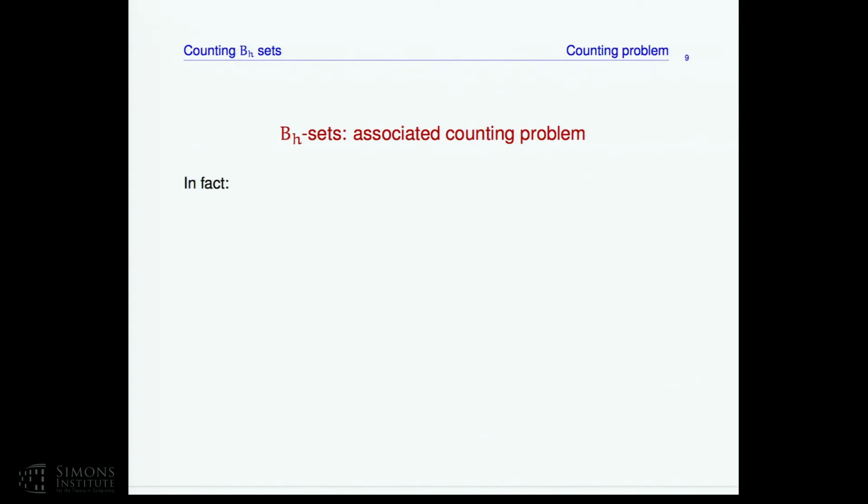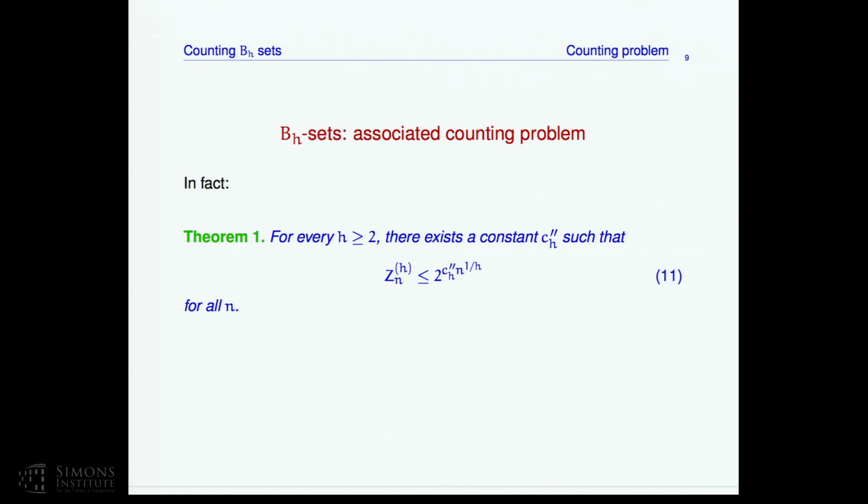In fact, we can prove that the log n, which you saw in the exponent in the upper bound, is not necessary. One can prove that it can be removed. So that's the first theorem here.